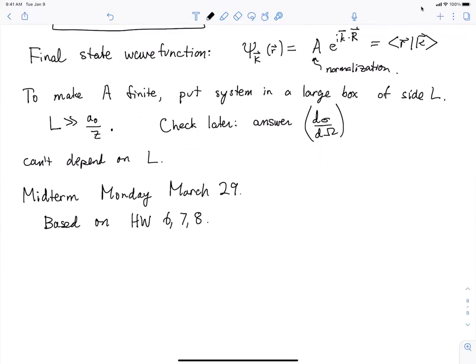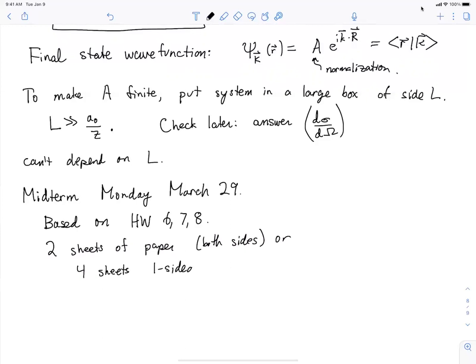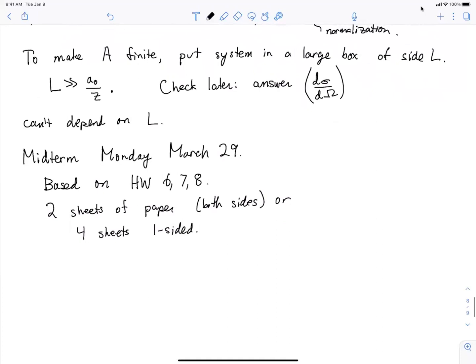And then you can have 2 sheets of paper with any formulas you want, both sides, or 4 sheets one-sided. I will post this to the course webpage sometime later today. And everything else is going to be the same as last time. So bring your own paper if you like your own paper to write with.